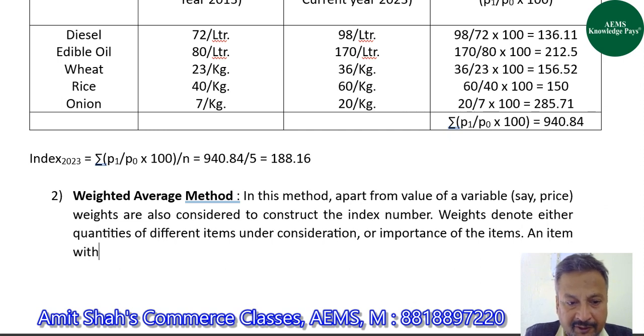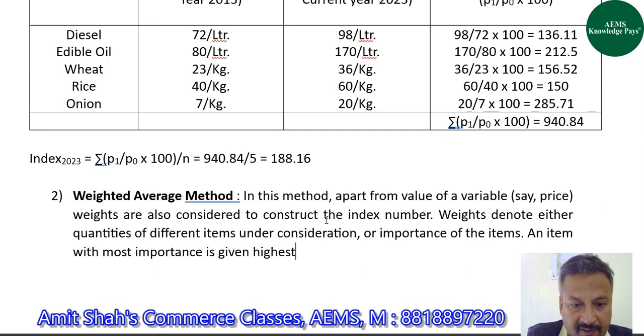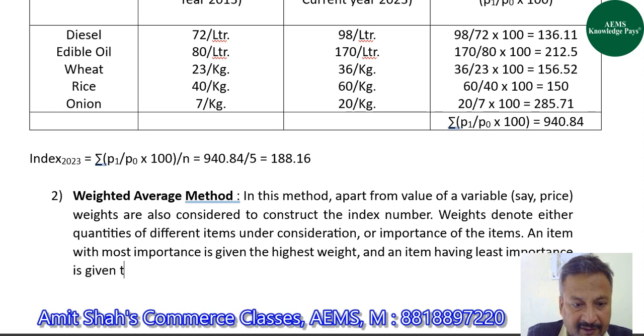An item with most importance is given the highest weight, and an item having least importance is given the lowest weight.